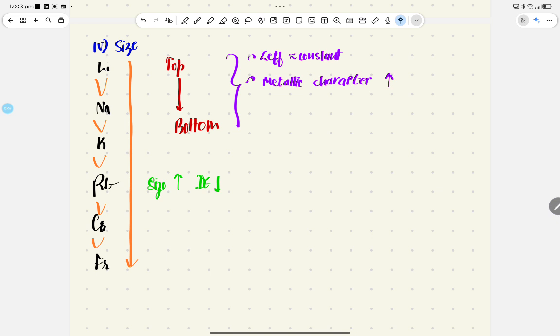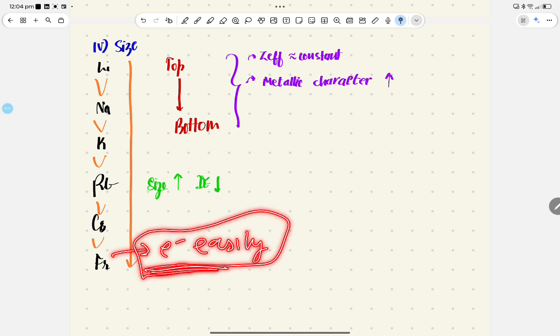And what about this metallic character I have written? As you go from top to bottom, you can see the size is increasing, and you require just a minimum amount of ionization energy to get the electron out, which means it can lose the electron easily. Which means this is a metal.